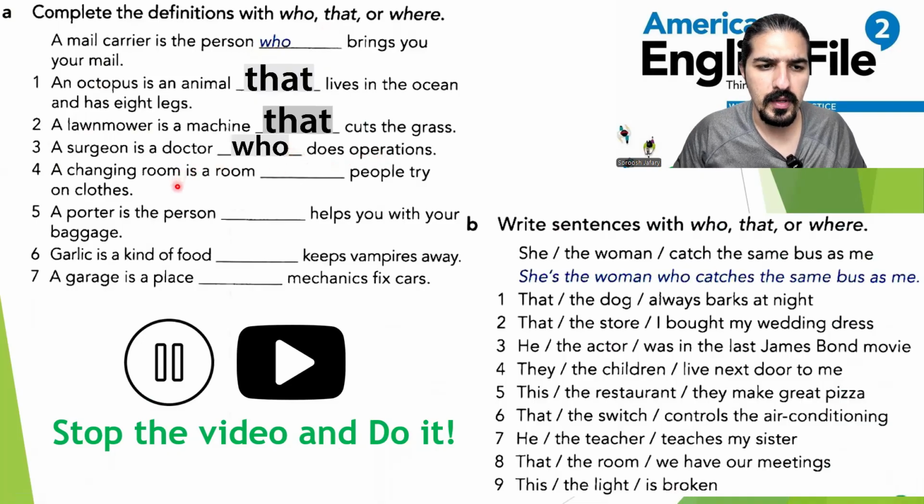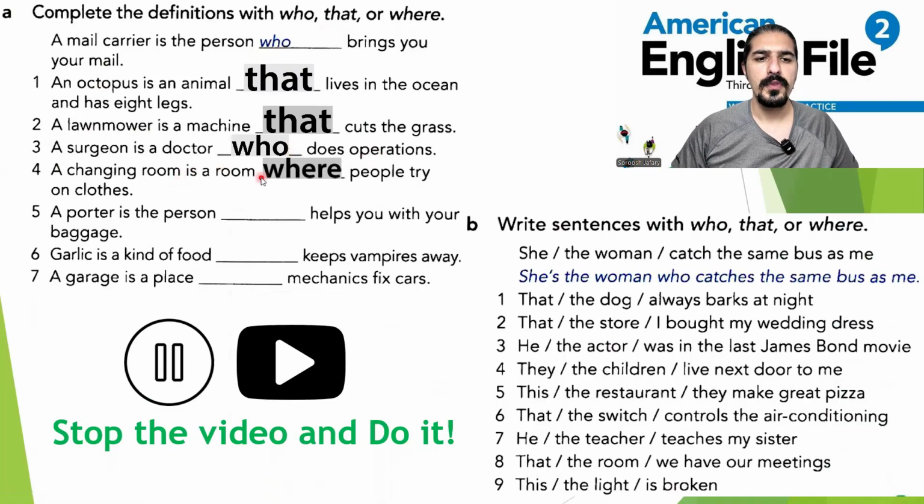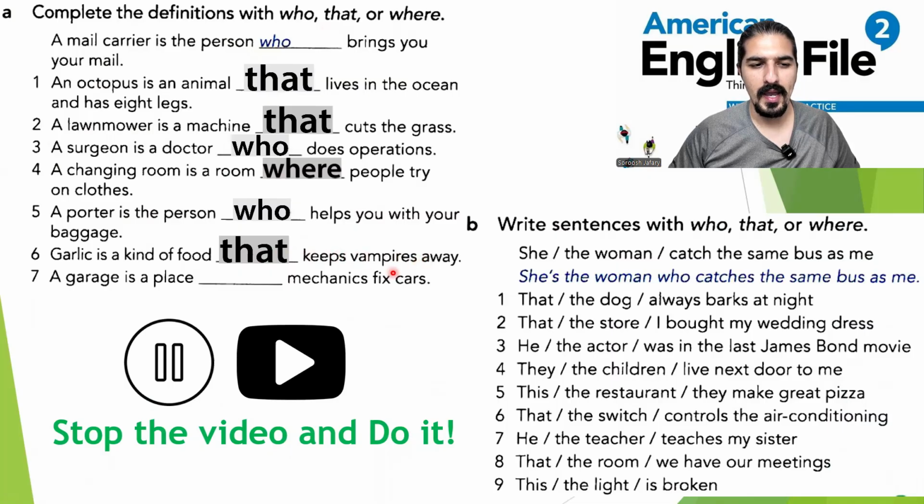A changing room is a room where people try on clothes. A porter is the person who helps you with your baggage. Garlic is a kind of food that keeps vampires away. A garage is a place where mechanics fix cars. Just as easy as that.